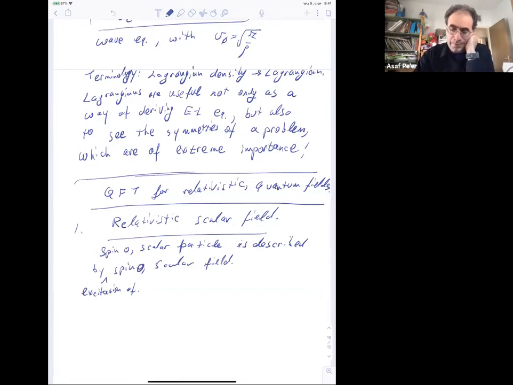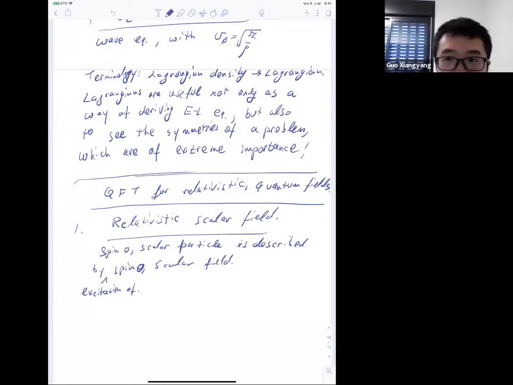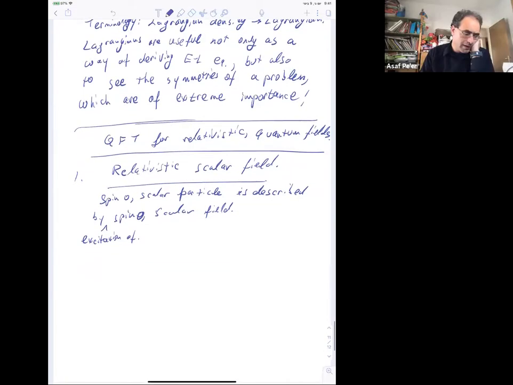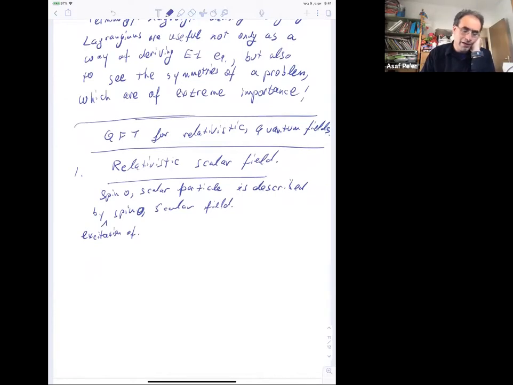What equation does a spin zero scalar field have to satisfy? Klein-Gordon, very good, right? So you have to write a field which satisfies the Klein-Gordon equation.